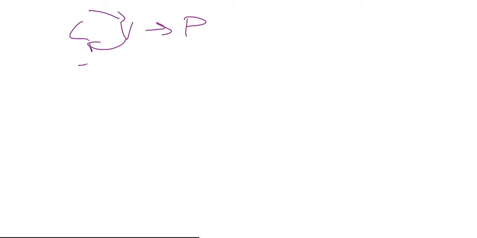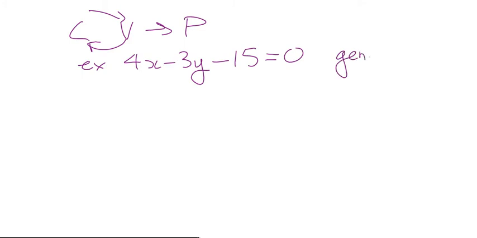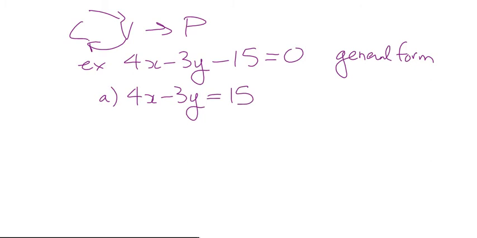For example, 4x minus 3y minus 15 equals 0, right? Nice general form equation. General form is always equal to 0. We're going to change that to standard form because that's what we were working off of, which is 4x minus 3y equals 15. So that's our Cartesian form, ax plus by equals c.